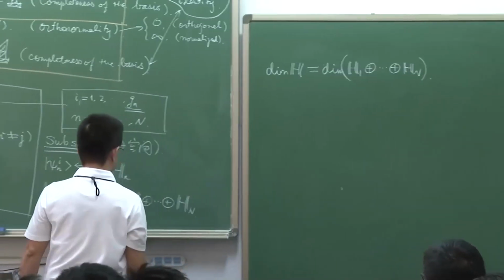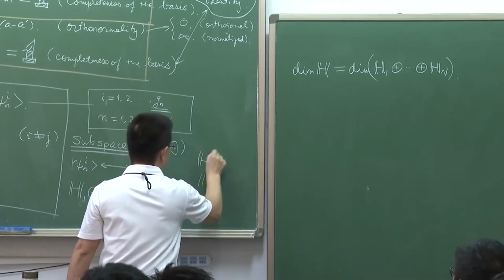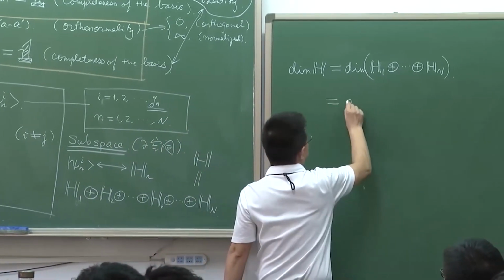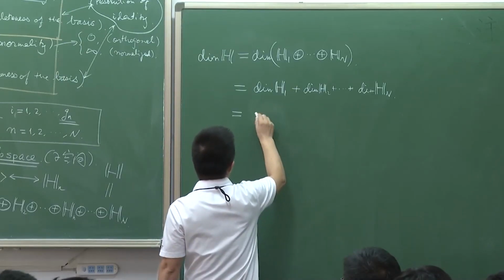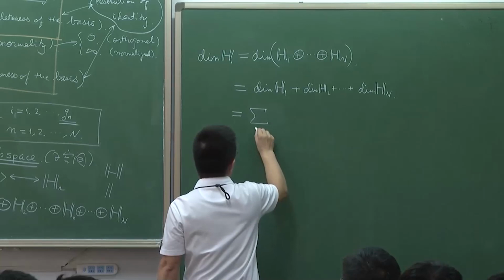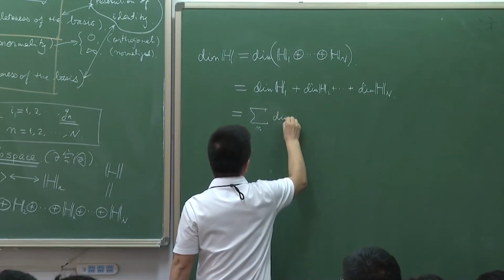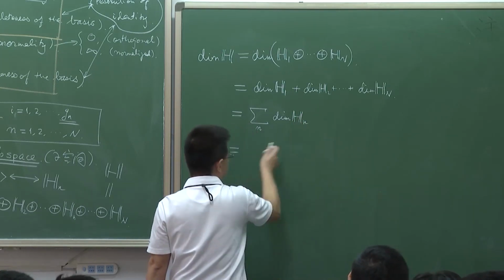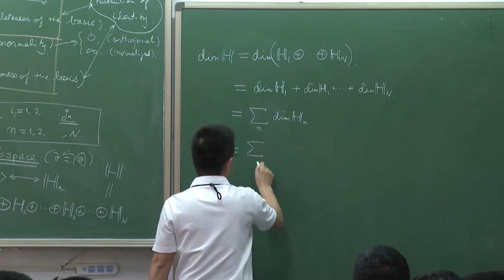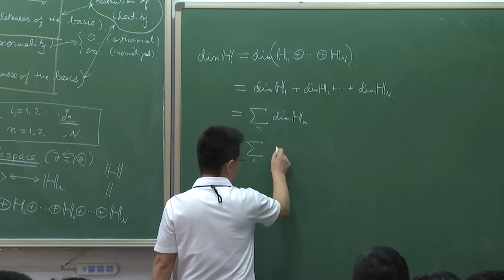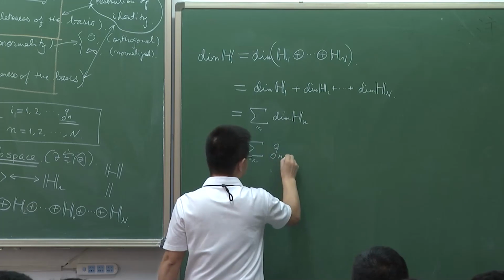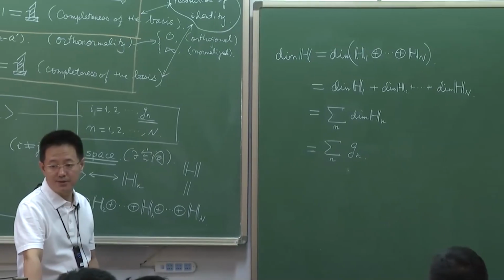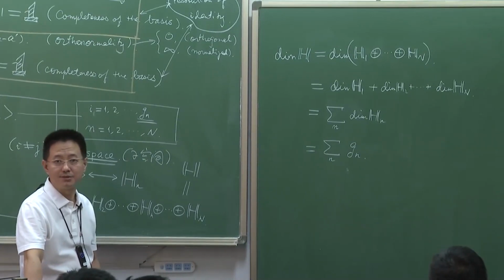Because this is equal to the whole Hilbert space. And for each subspace, what is the dimension for that? The dimension is determined by the degeneracy for each subspace. Okay, you got these expressions already? I think it's very easy to understand here, right?